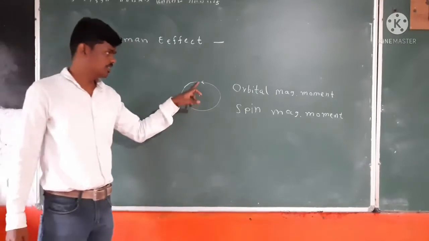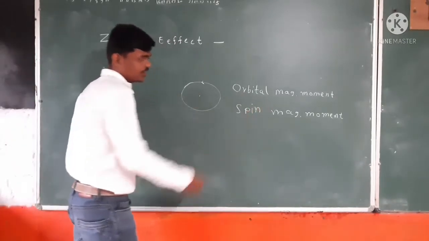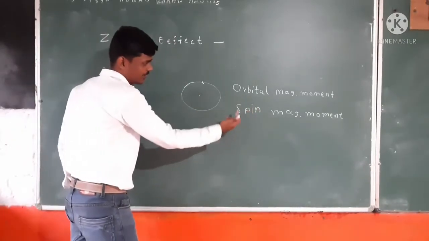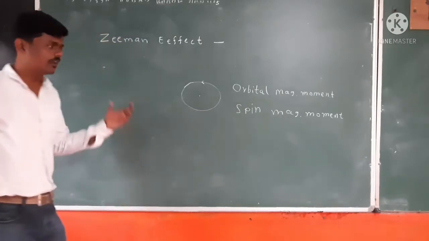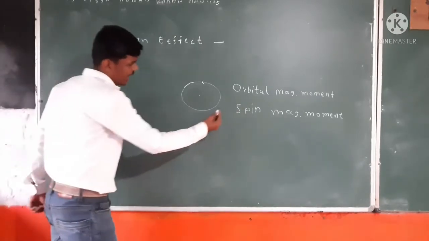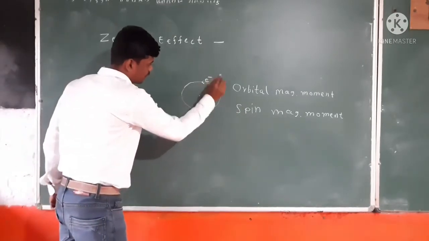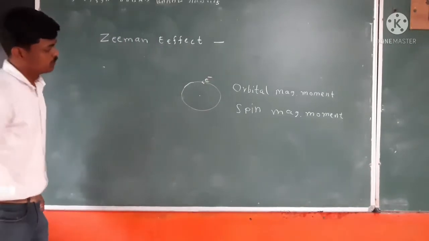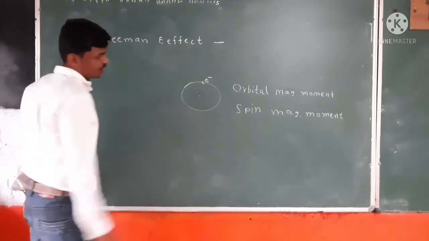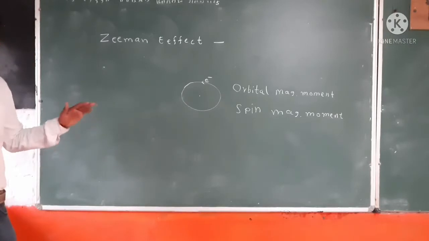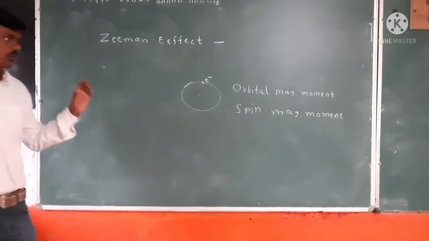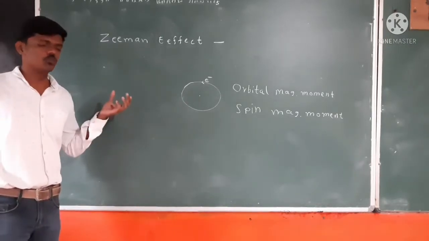Now these two magnetic moments, the orbital magnetic moment and the spin magnetic moment, interact with each other, and that will be the atom's total magnetic moment.